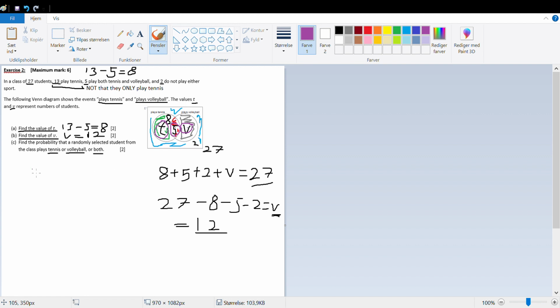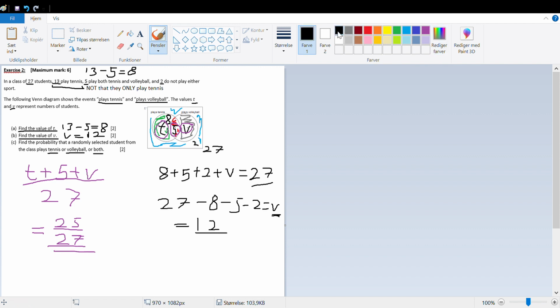So clearly, all we really need to do is add T, add 5, and add V, and then divide the whole thing by the total number of students, which is 27. And if you do the math, you find that this adds up to 25 over 27. And that's really all there is to that one as well. I hope that it makes sense.